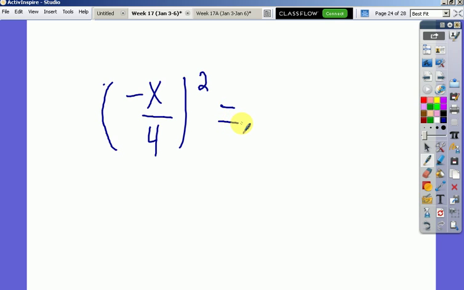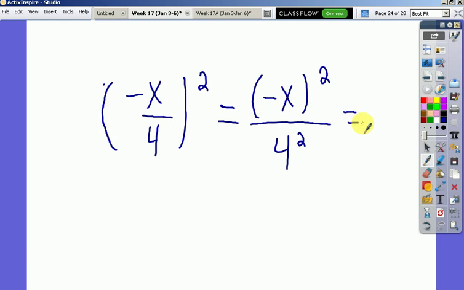What would you square? The negative x. Since there's a negative, remember your parentheses, okay? So, negative x squared divided by 4 squared. What would that simplify to?